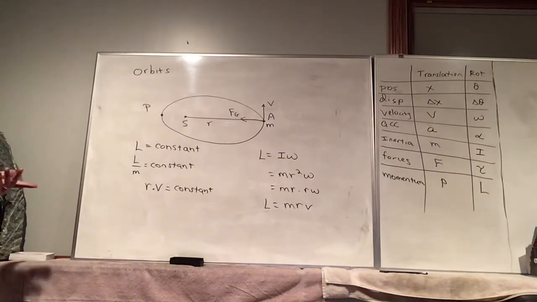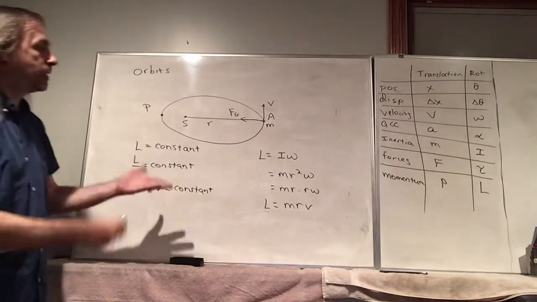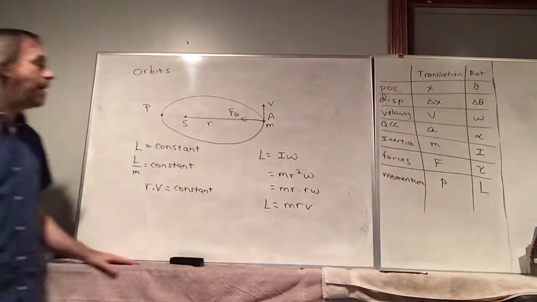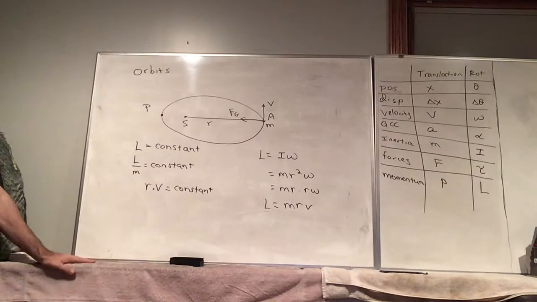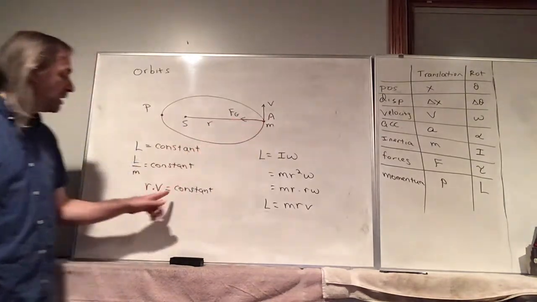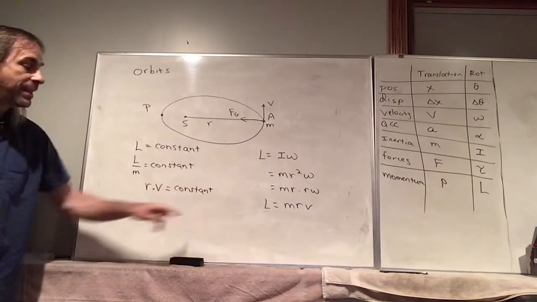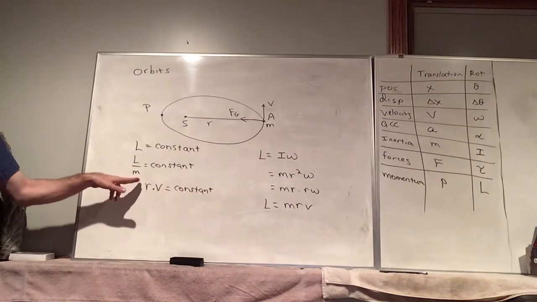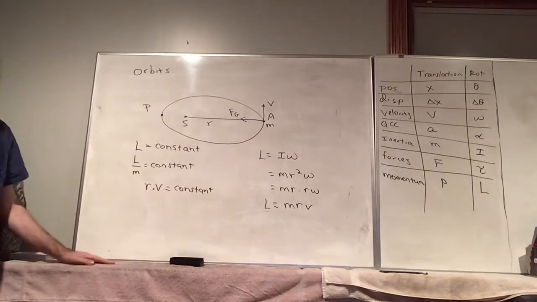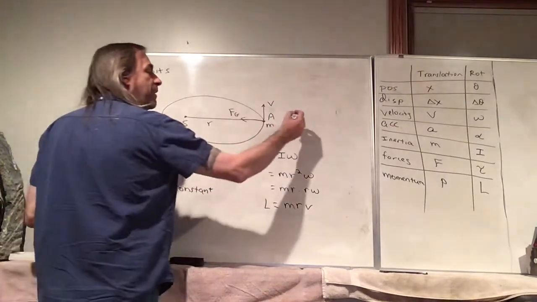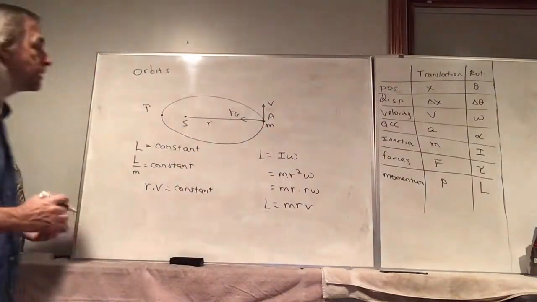And we can see that they have to be moving at very different velocities, depending on how elliptical the orbit is. Because at apogee, R is larger, and so remember, we're multiplying two things and getting a constant. So if we have a large radius, we have to have a small velocity, which means it's moving slow when it's farther away from the sun.